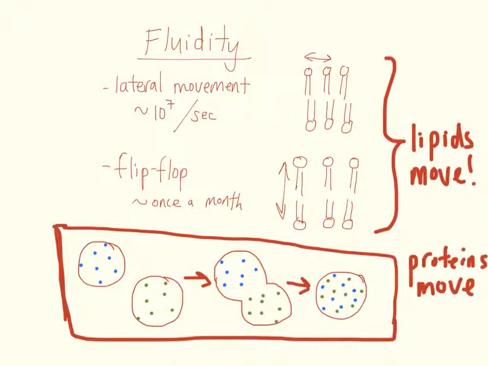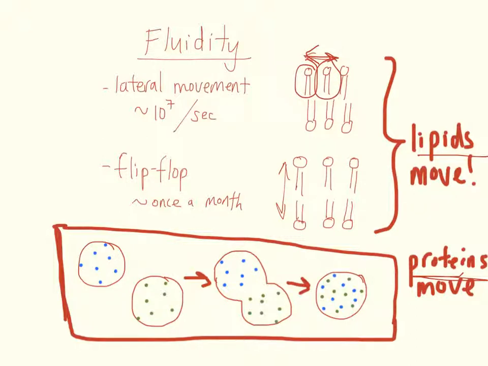Let's begin with a discussion of the fluidity of membranes. Sometimes people think that membranes are these static things that don't move around very much, but in reality, both phospholipids and proteins will do quite a bit of moving. As you can see here, phospholipids can have a lateral movement where they just sort of swap positions with their buddies, as shown here.